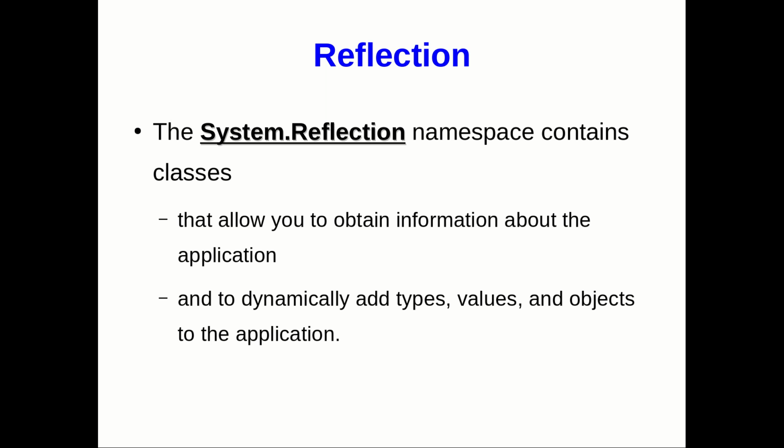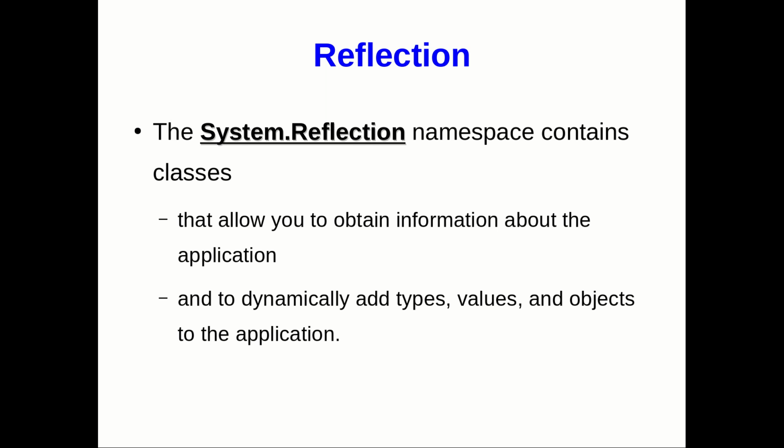If this is the case, then I have to use the reflection namespace, because you may not have an idea about how many methods are available in a particular class, or how many parameters are there for a method, or what are the different types of parameters available in a particular method.